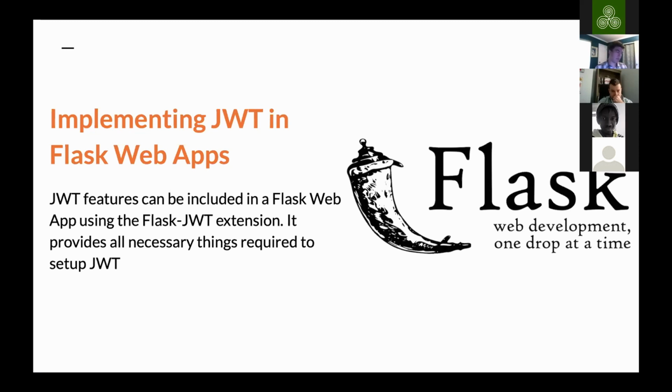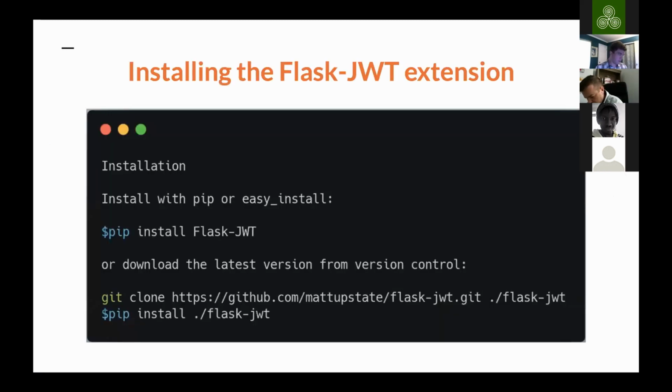It provides all necessary things required to set up JWT. To install the Flask JWT extension, we use pip: pip install flask-jwt.